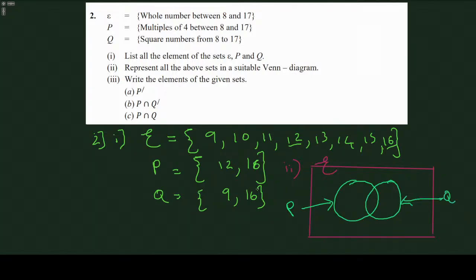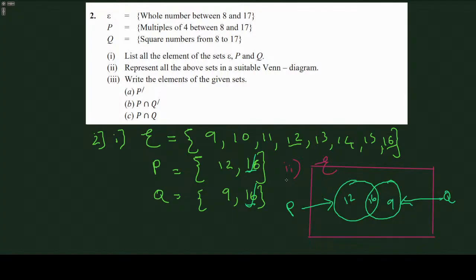First you got to write the common elements of P and Q. There's only one, that is 16, so it has to come in the middle. So 16 is done. Now set P, it's 12 here. Set Q has 9 here. What would you do for the rest of the elements in the universal set?